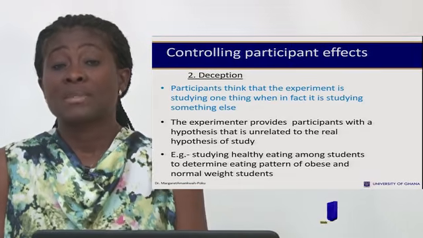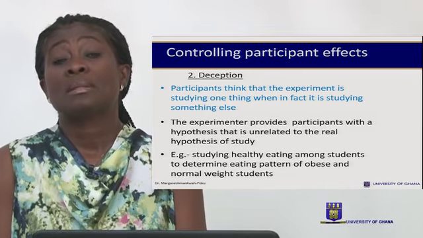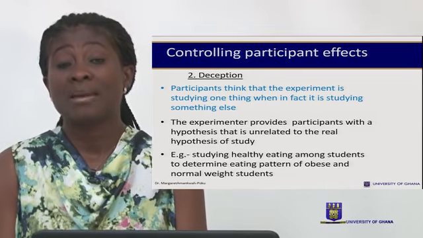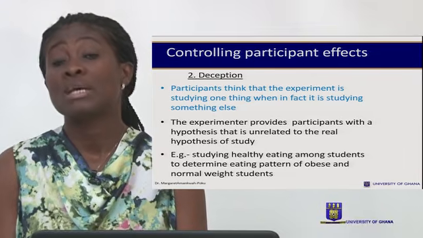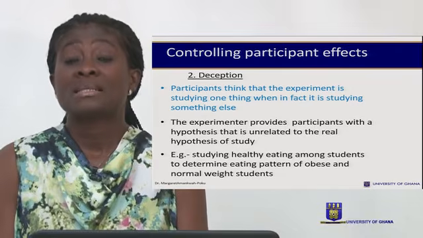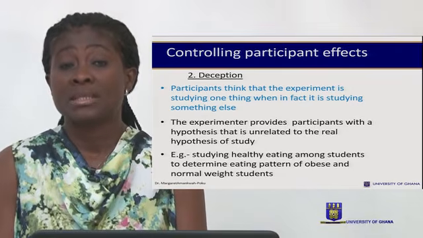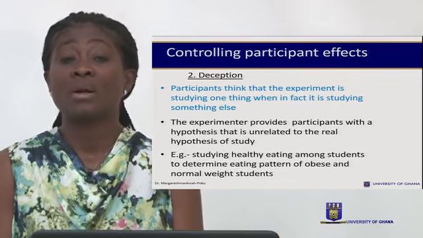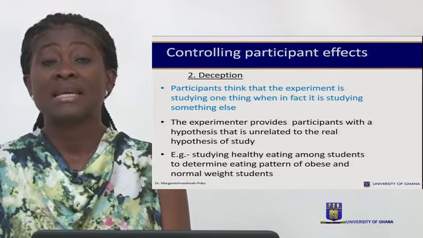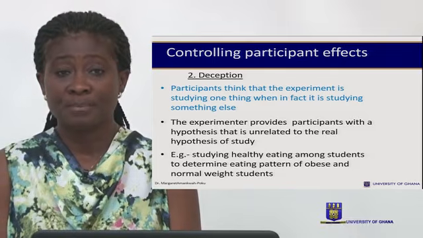So sometimes, so that the experimenter does not give away the hypothesis of the study, for participants to form their views about the study, the experimenter will use deception. So participants will think that the experiment is studying one thing when in fact it is studying something else.